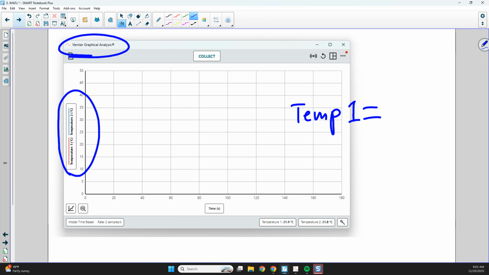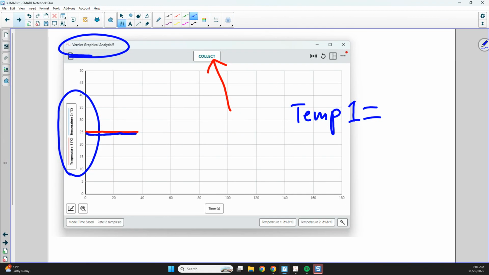The other thing you'll notice is that one of your temperature probes has a piece of tape around it. So that's so that we can tell them apart. So we want to identify if temperature 1 is the taped probe or the untaped probe. So the way to do that is hit the collect button, and then you're going to see a couple of lines start to appear.